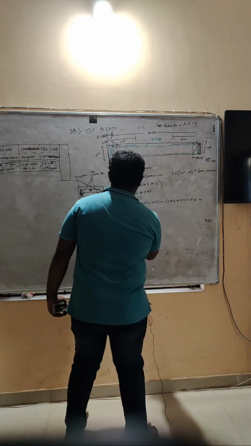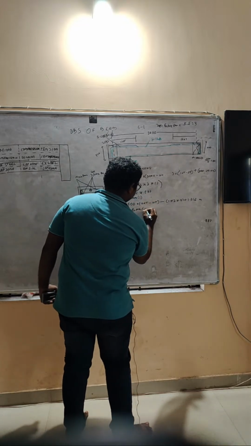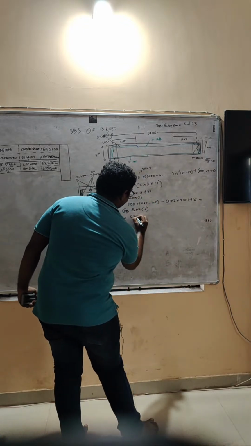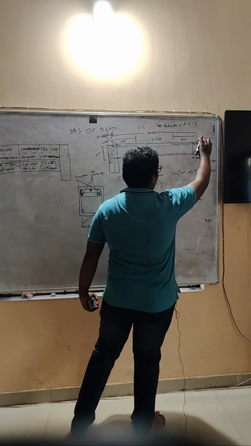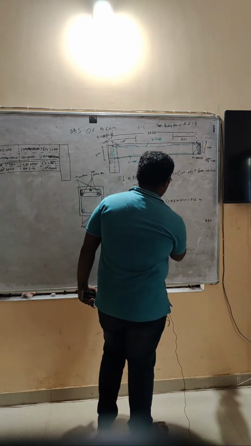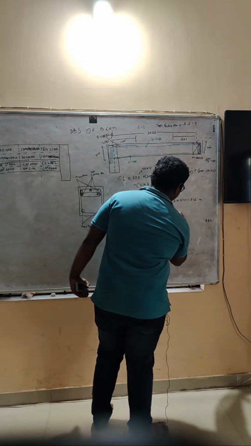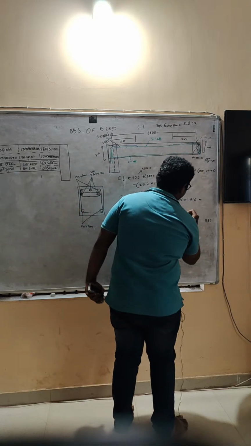Now we'll proceed to calculate the top extra 2, for this portion. It is 300 minus 25 minus 25, where 25 is the top and bottom cover. Then we add 125 minus the side cover, plus 1265.